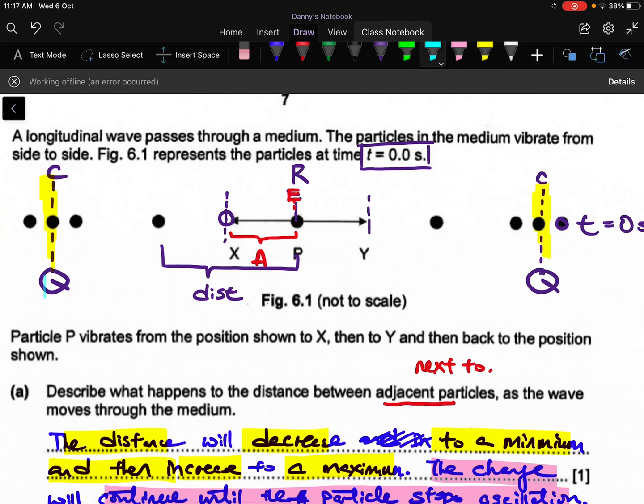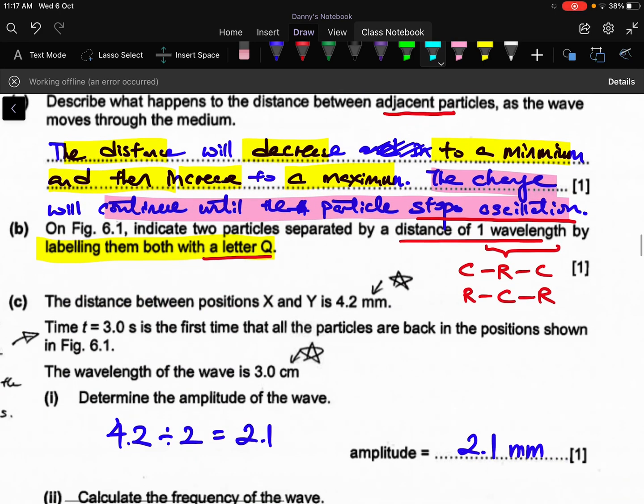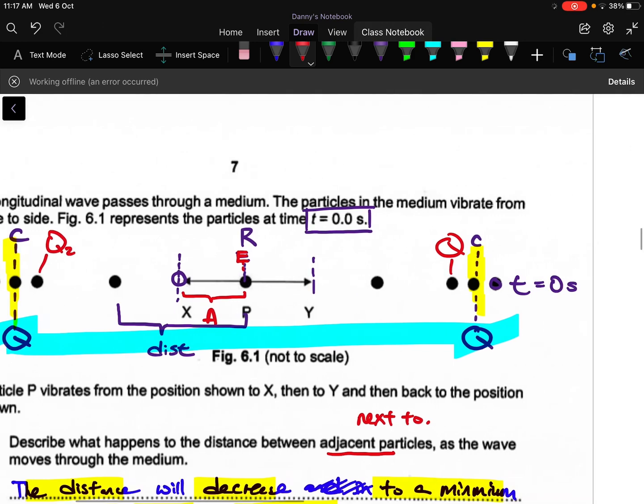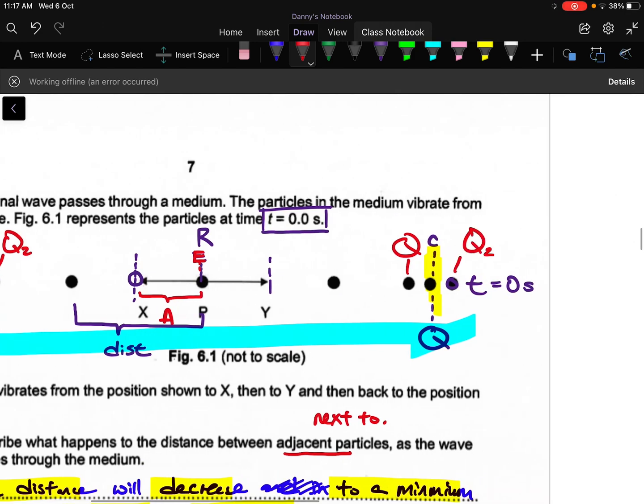Therefore, I know that this highlighted blue will be my wavelength, so I highlighted Q over here and Q over here. I will answer B that way. Similarly, if you do not like to locate Q there, you can also do it like this: here is Q, then here is Q. It's fine. You can even say that this is Q as well, or this is Q as well. It is fine.